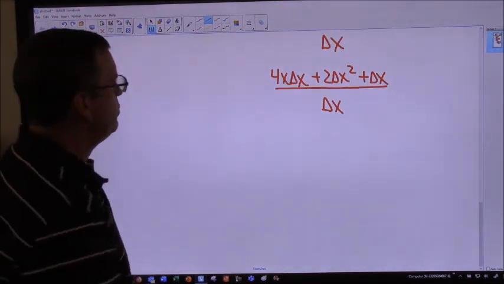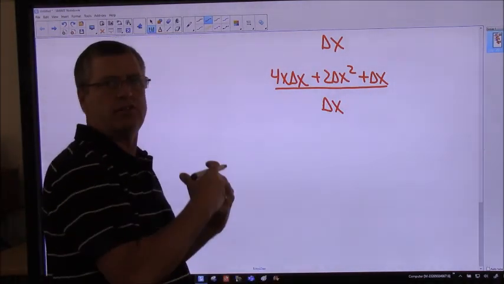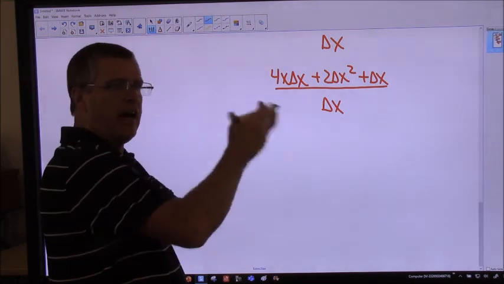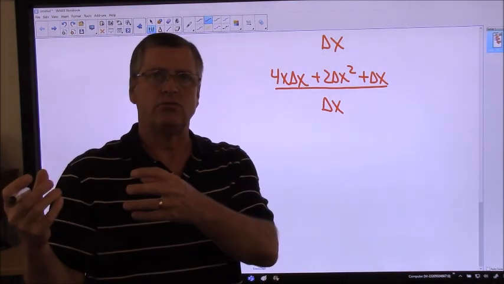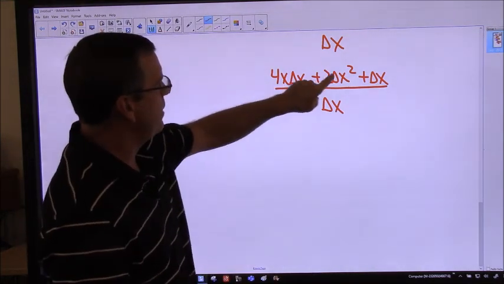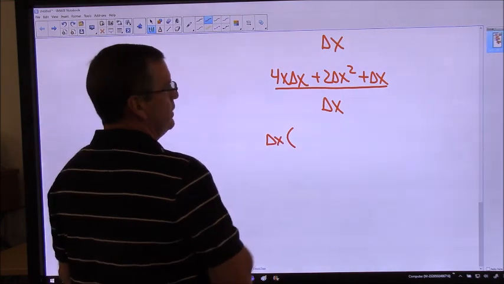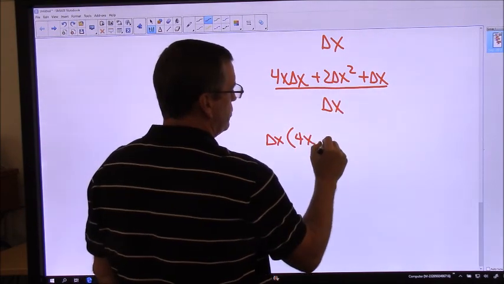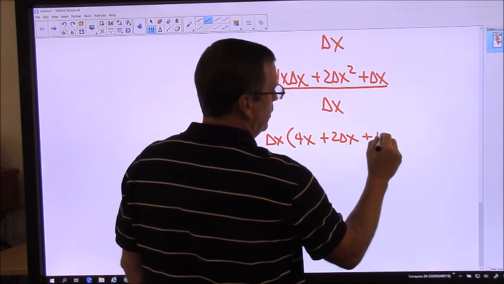So now what I notice is there's a delta x in all 3 of these terms, which means I can factor one of those out. Right? Remember, factor means divide out. If I have the number 10, its factors are 5 and 2. So if I take 10, I divide it by 5, I'm left with a 2. So I want to divide a delta x out of each of those when I factor it. So if I take that out, I'm left with 4x. Take one of these away, I still have one left. And take that away, I'm left with 1.